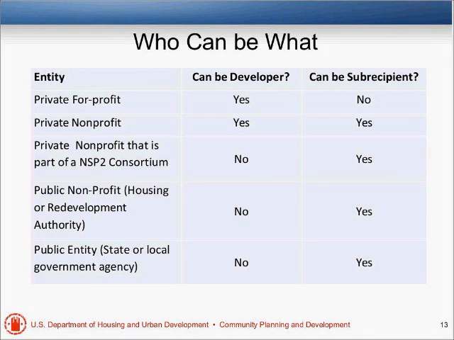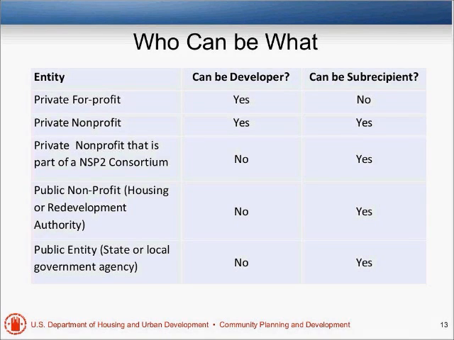A private nonprofit part of a consortium cannot be a developer, regardless of what they're doing. They can be a subrecipient. A public nonprofit can never be a developer, can be a subrecipient. And the same with a public entity. They cannot be a developer. They can be a subrecipient.